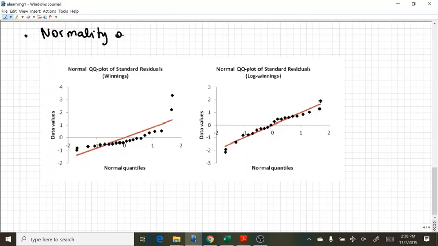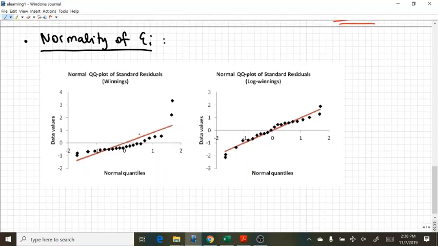So this is the normality assumption, normality of the epsilon i's. Here what I can say is that on the left clearly the normal distribution is not satisfied. Even in the middle we have large deviations from the line. Look at these large deviations. We have large deviations actually everywhere, and here we are very close to the line.